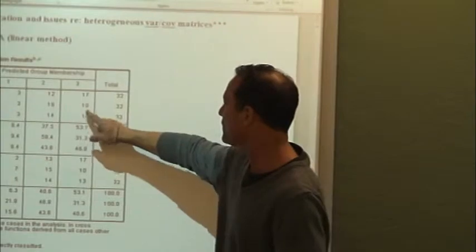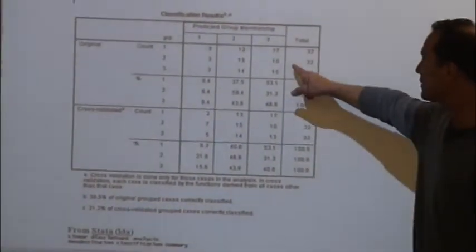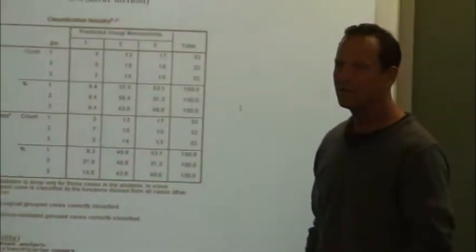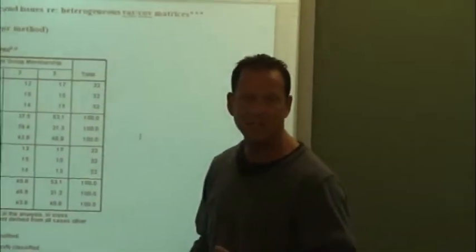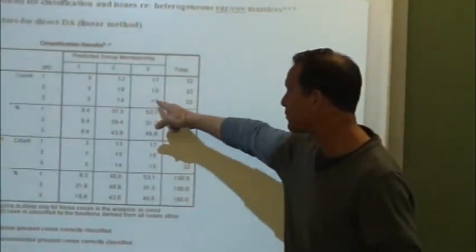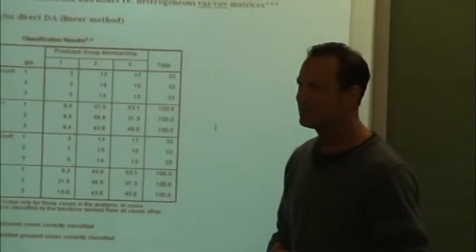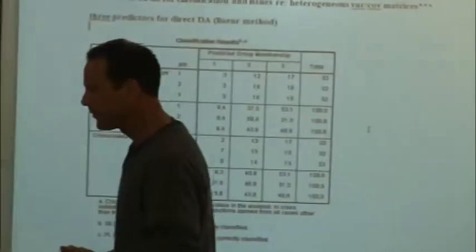We have 3, 19, 15. We did 38% of original cases for this other data set. For 3 groups, what would chance be? 33. So we did a little bit better. 38% there, 31% there. Are we that happy with it? Not really, right? It's not that great.